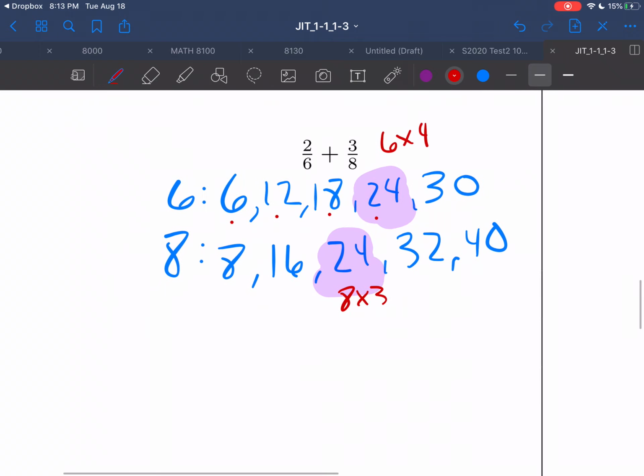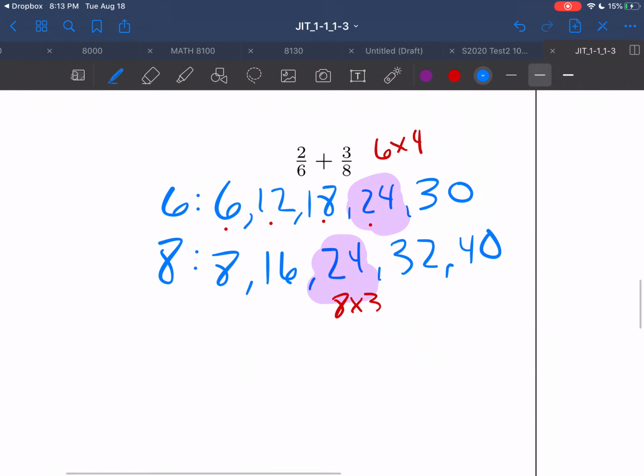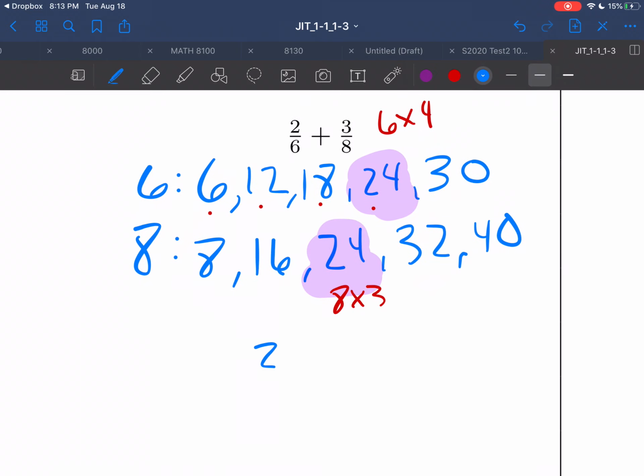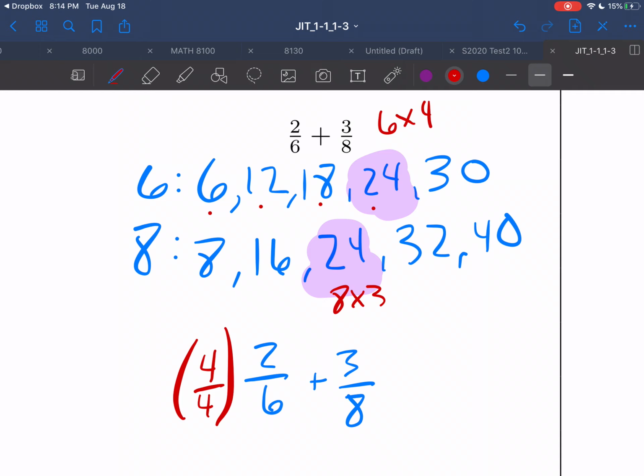Okay, so I'll take my problem. I've got 2/6 plus 3/8, and the 2/6 will get multiplied by 4/4. If I have a number over itself, that's just 1. So when I multiply by that, I'm not actually changing the value of that fraction. We're just rewriting it.